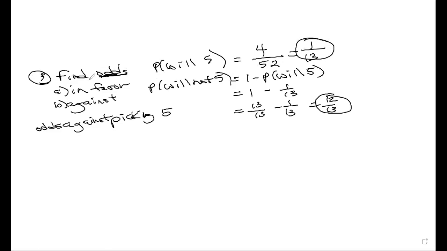Now, odds have to have both of those fractions. I care whether it says in favor or against, because if it says in favor, the will goes on the top. 1/13 would go over 12/13. If those bottom numbers match, they just go out, and I would have 1 to 12. But if it had said odds against, the not goes on the top.